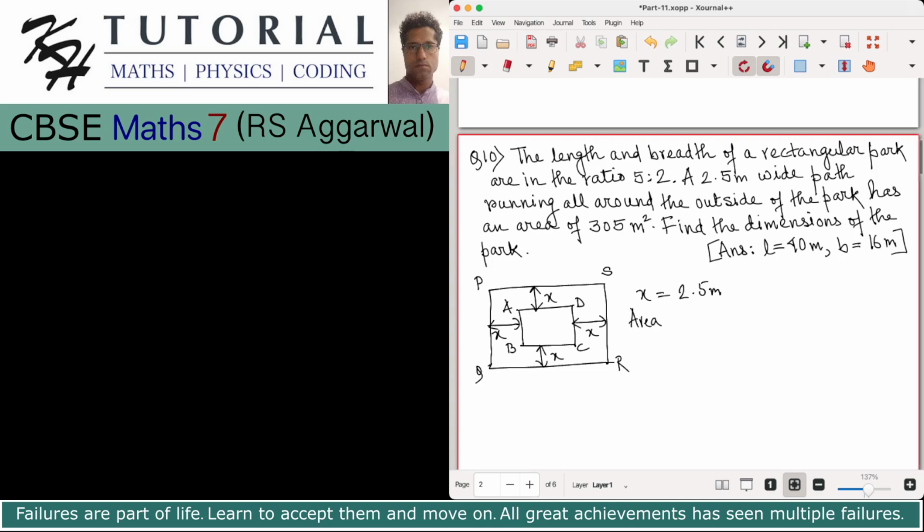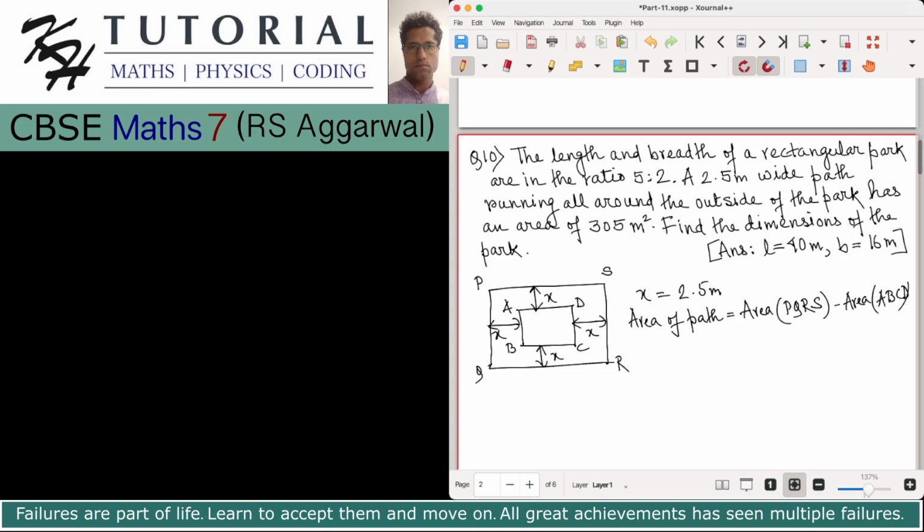So area of path will be equal to area of PQRS, the rectangle PQRS, or the outer boundary of the path, minus area of the park, which is ABCD.